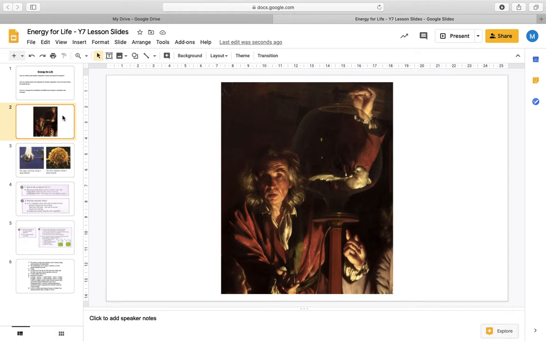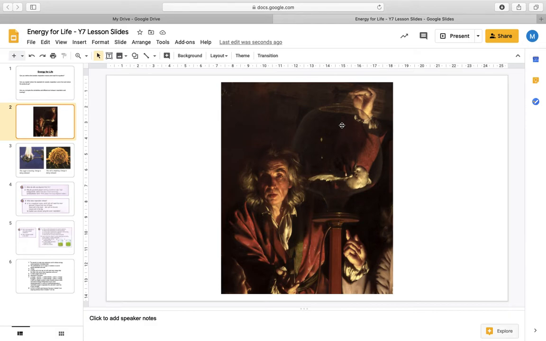Now I'm going to start with a bit of a grim story. At the moment there's a famous painting shown on the PowerPoint, and this is a painting of a scientist known as Robert Boyle. And what he had was a special piece of machinery, a glass jar, that could remove air from it.